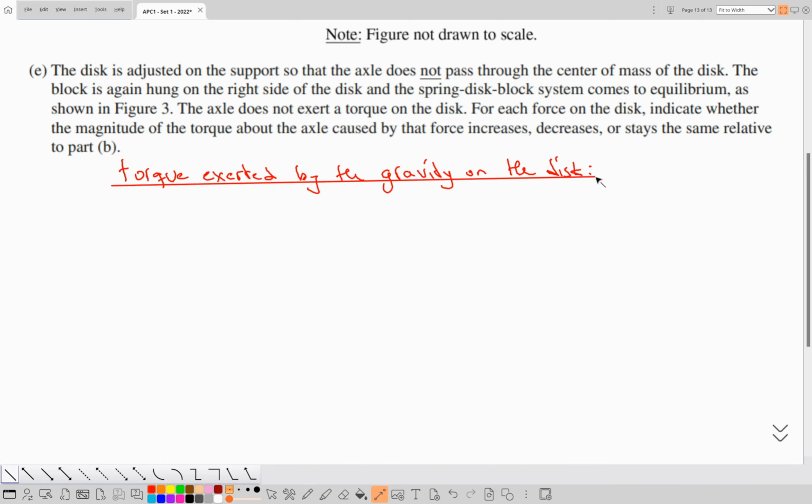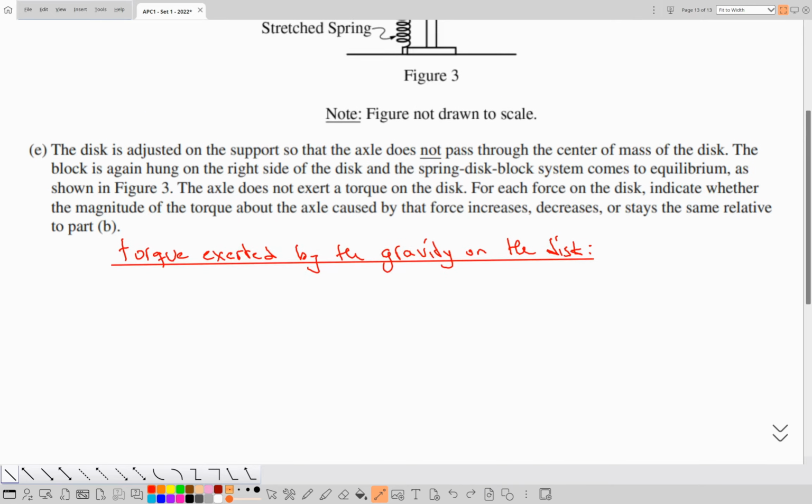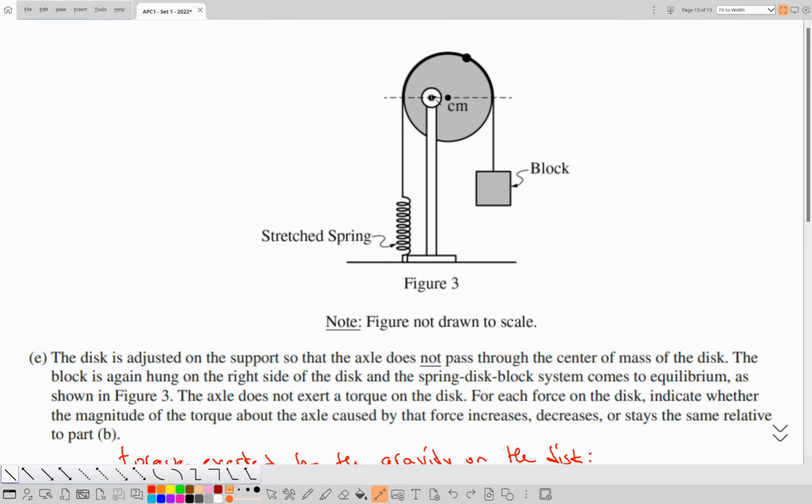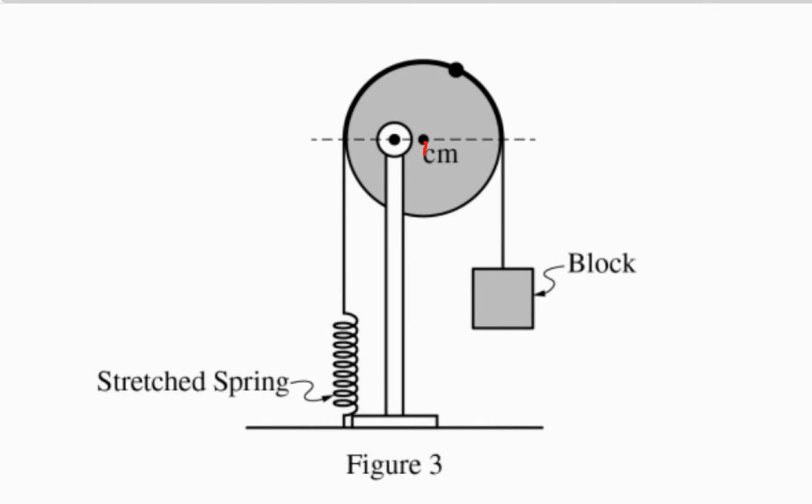In the previous part, this force didn't provide any torque because simply it was passing through the axis of rotation, but now this force is acting on the center of mass, which has been shifted from the axis of rotation, and we have some distance. So initially the torque provided by gravity is 0.